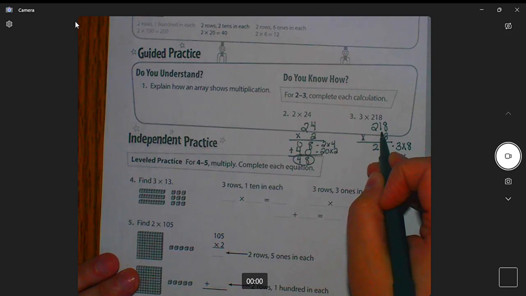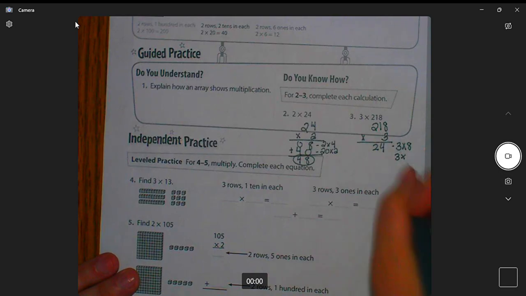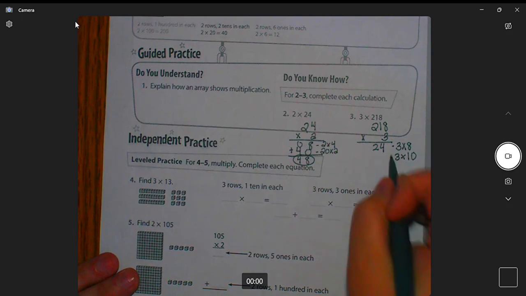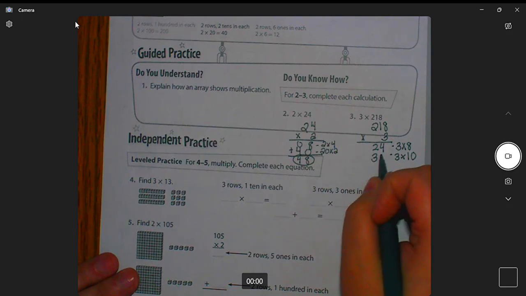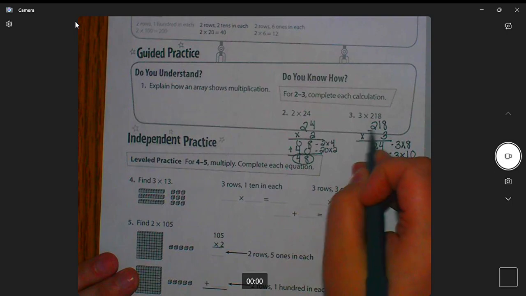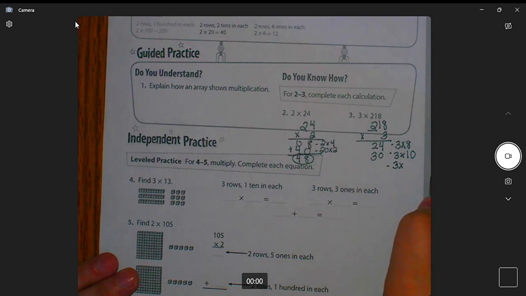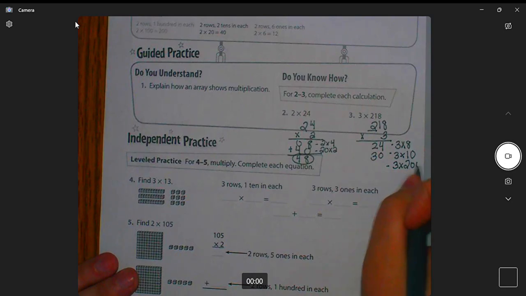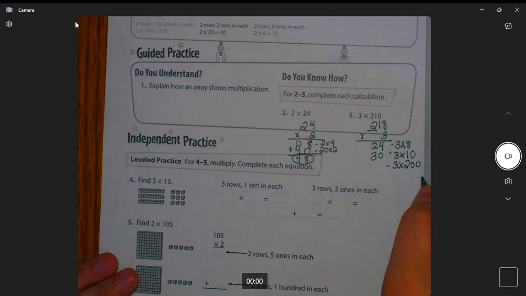Right, it's tens. How many tens do I have? Right, 1. So 10. 3 times 10 is? Very good. And then I have 3 times my biggest place, the hundreds. How many hundreds do I have? Right, 200. Ooh, that's a big number.